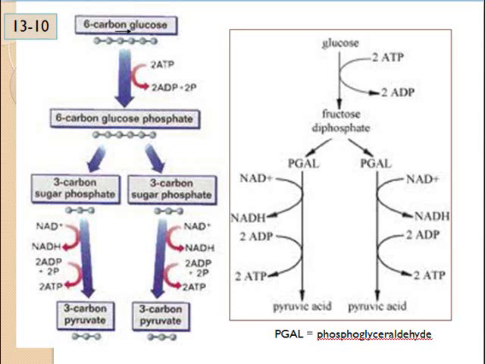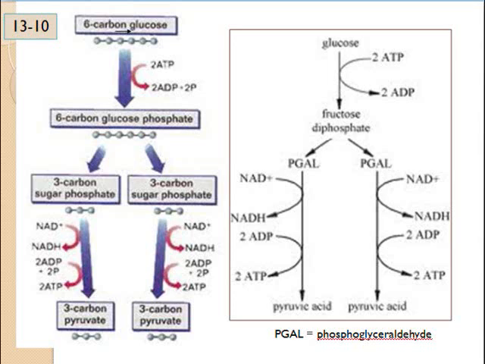Now, this pyruvic acid, if there's oxygen, something happens to it. If there's no oxygen, something happens to it too, called fermentation. So this is going to be the start of either respiration, or it's going to be the start of fermentation. If you have oxygen, this is going to start respiration.